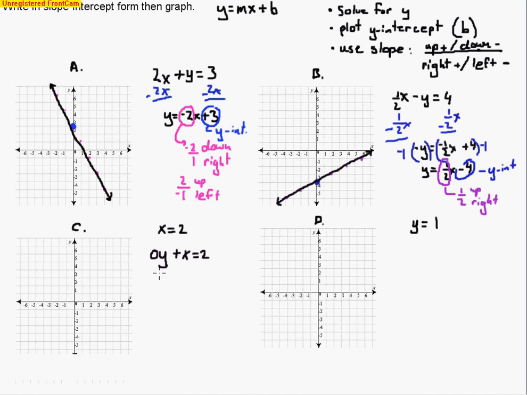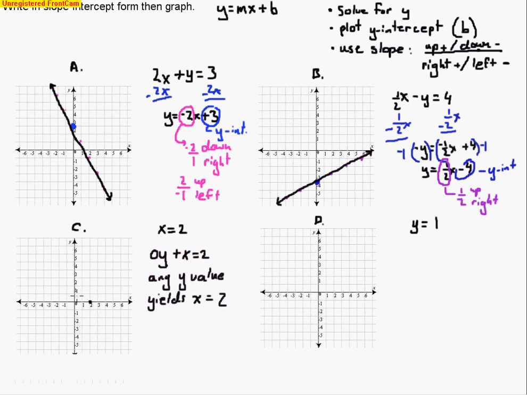So any y value yields x equal to 2. No matter what, any y value, you're always going to end up getting an x value of 2. So if I go over 2, up 0, y value is 0, I get x of 2.